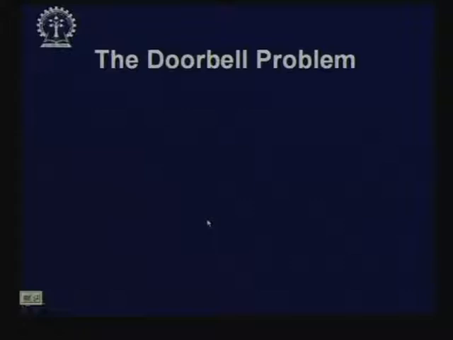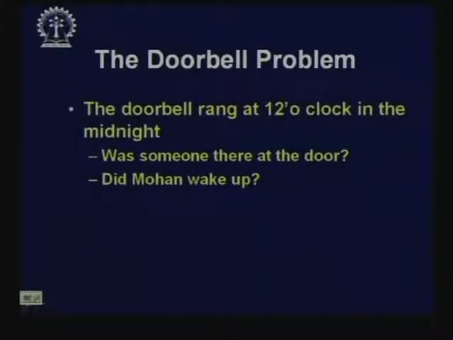Now, to motivate you, I have put in an example which is rather interesting. Let us look at the example. We call it the doorbell problem. The doorbell rang at 12 o'clock at midnight.